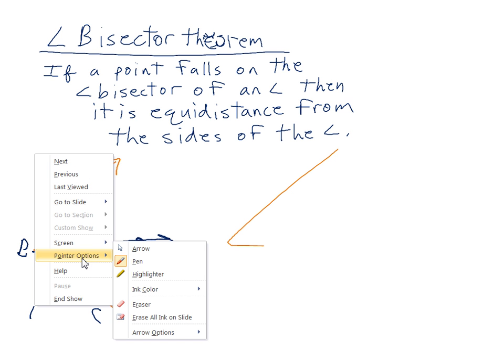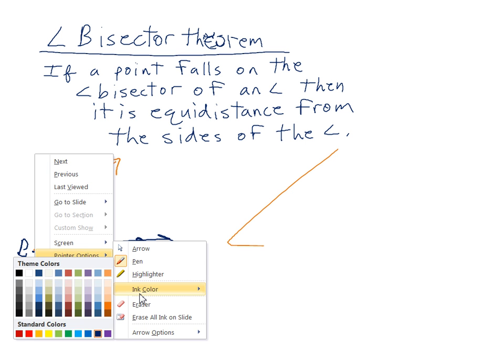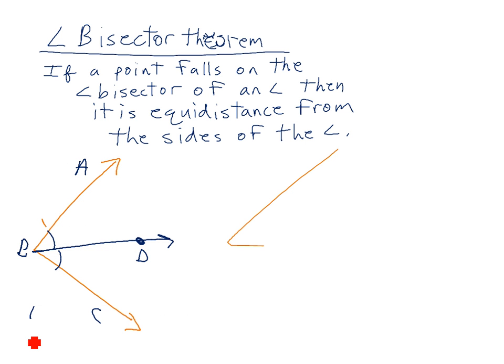Then any point that falls on this ray is the same distance from that side, remember distance has to form a right angle, as it is to that side. So any point that we pick all the way out through here has to be the same distance from both those two sides of that angle.